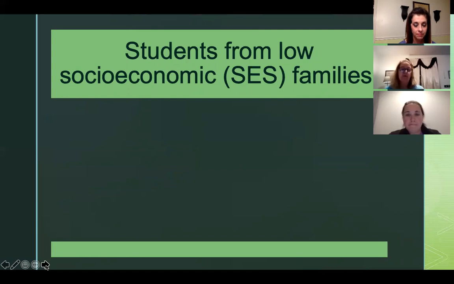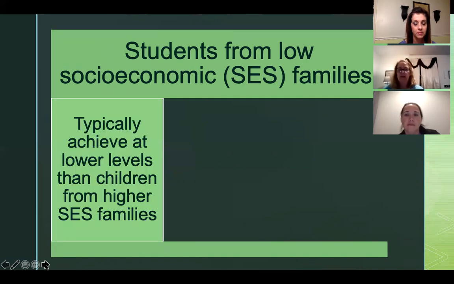So as we're discussing the impact of poverty, let's look at students from low socioeconomic families and some of the things that we need to consider as they enter our classrooms. These students typically achieve at levels lower than children from higher socioeconomic status families.